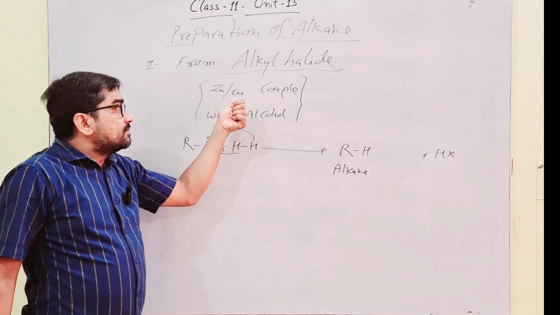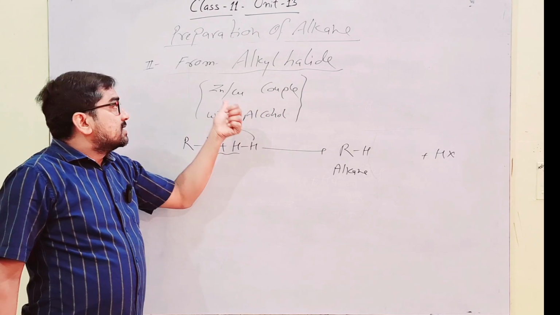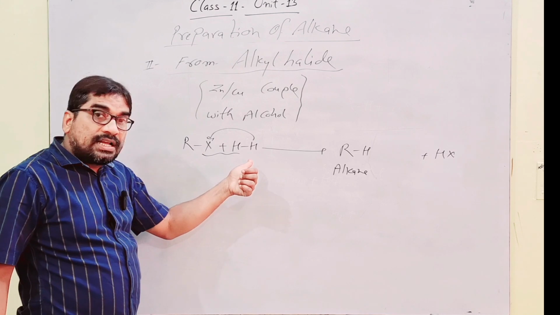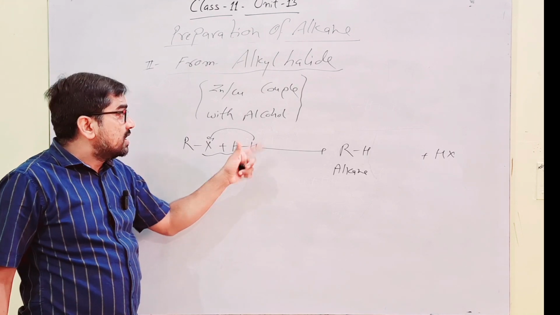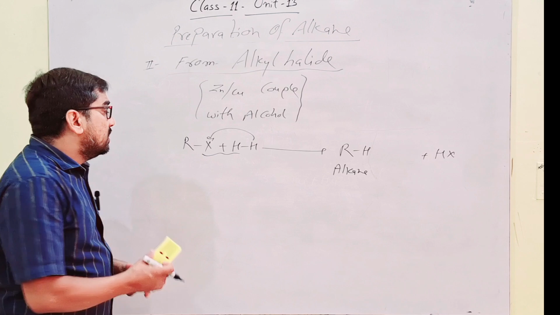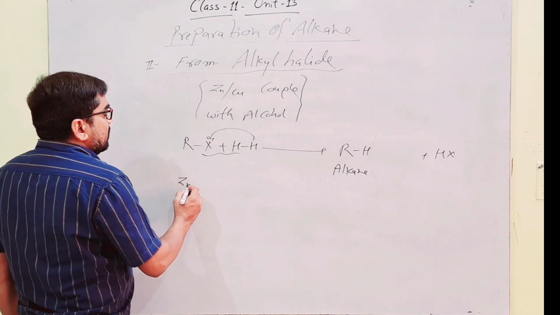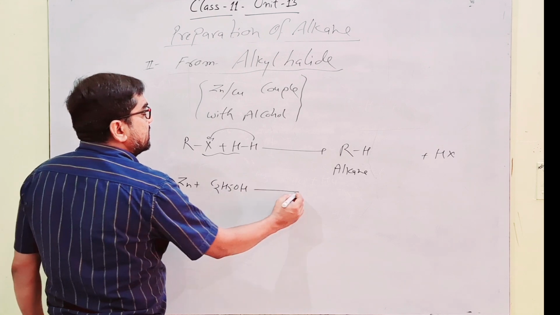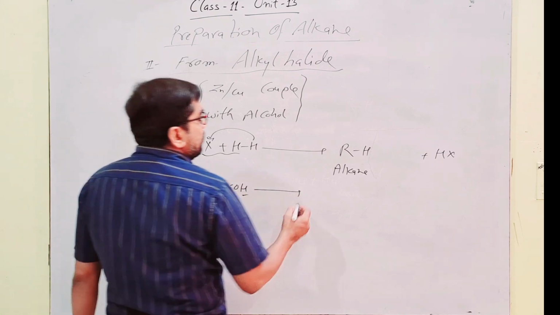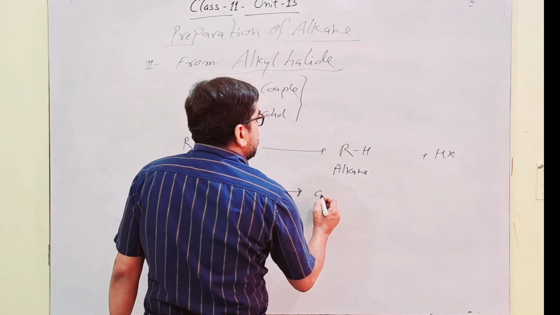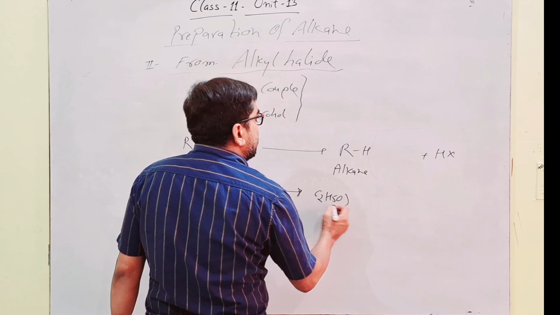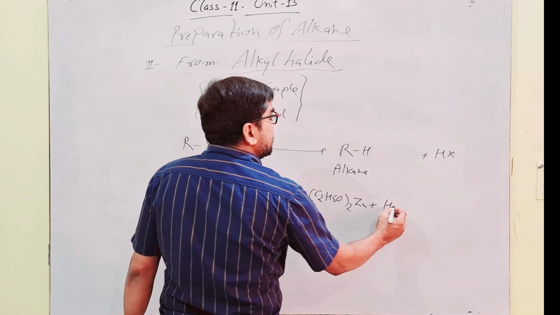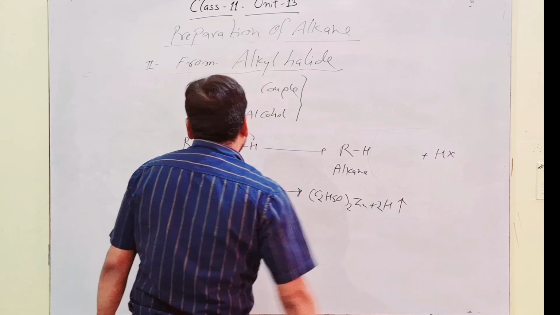What is the use of zinc copper couple here? Zinc displaces hydrogen from alcohol. This reducing hydrogen, from where does it come? It comes from alcohol, because zinc reacts with C2H5OH and displaces this hydrogen with formation of zinc ethoxide, (C2H5O)2Zn, plus H2, 2H.